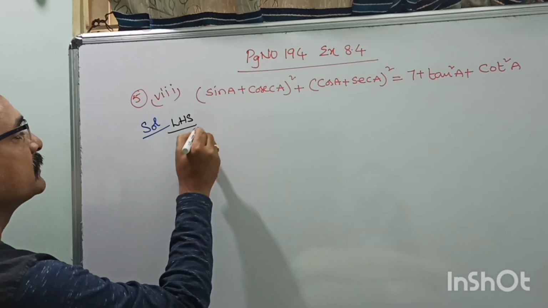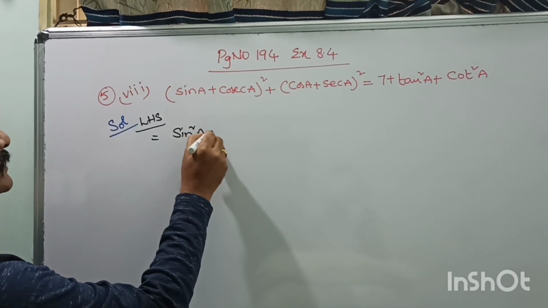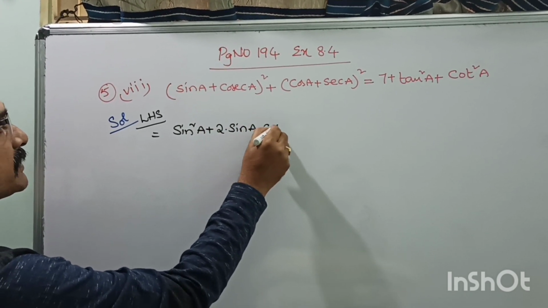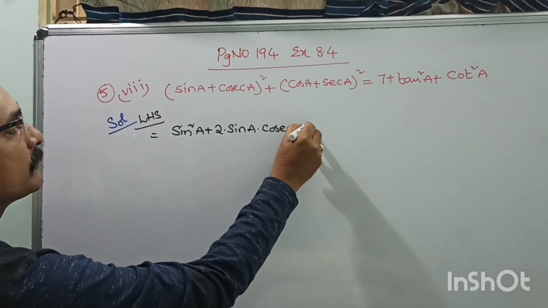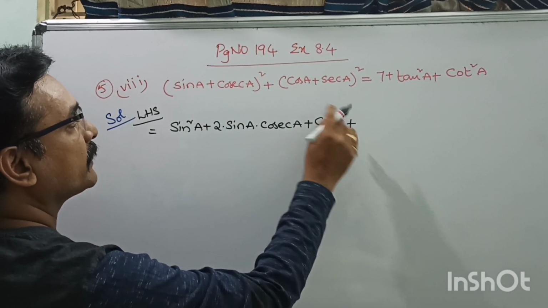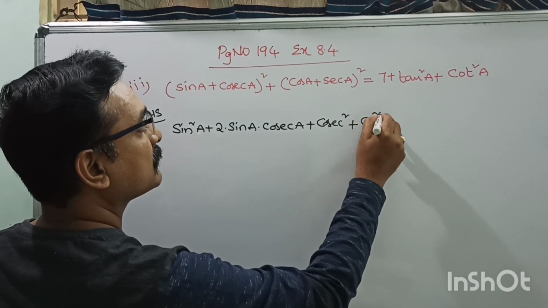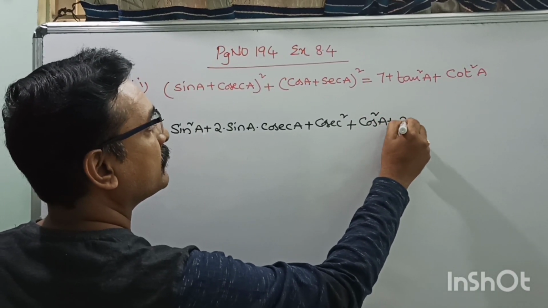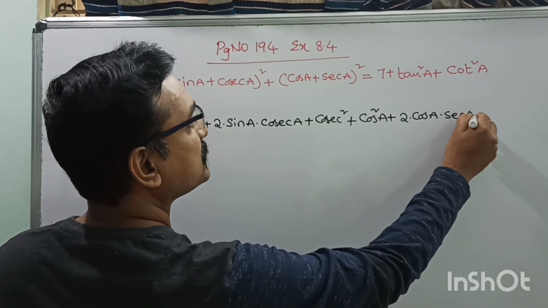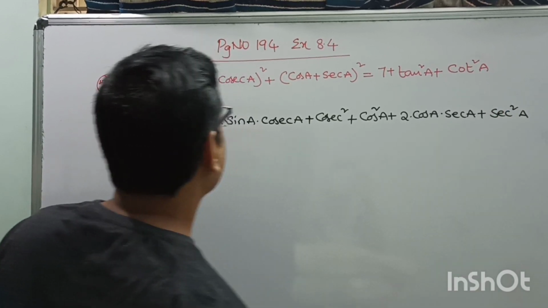So sin square a plus 2 into sin a into cosecant a plus cosecant square a, plus (cos a plus secant a) whole square, also cos square a plus 2 into cos a into secant a plus secant square a.